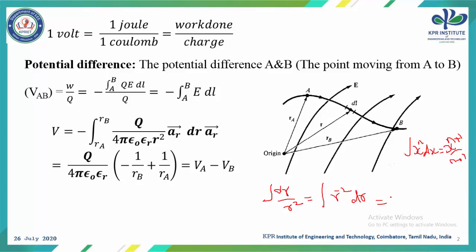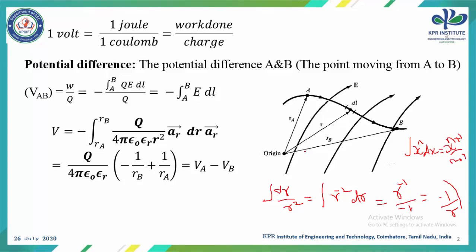Therefore, instead of n we have minus 2, so you are going to get r power minus 1 divided by minus 1, which is equal to minus 1 by r. Clear? So this is minus 1 by r here.